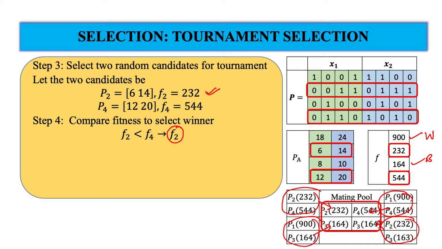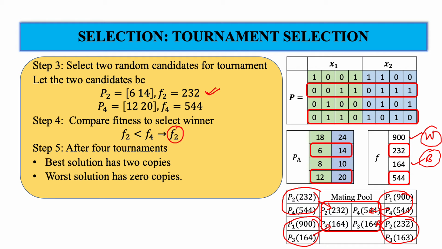So if you see, there are 2 copies of the best solution and no copy of the worst solution in our mating pool, because the worst solution has the highest fitness value, that is 900, and doesn't find a place in the mating pool. The best solution will occur twice and the worst solution will definitely not occur. So after all the 4 tournaments we have seen this criteria is fulfilled already.